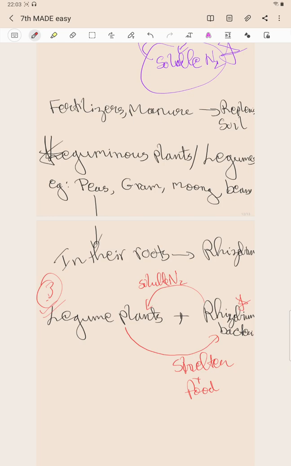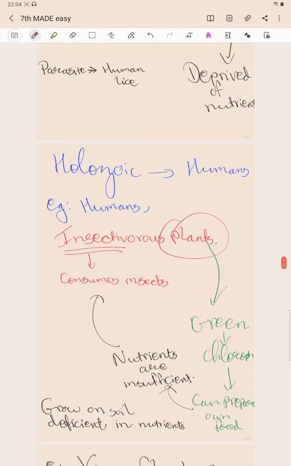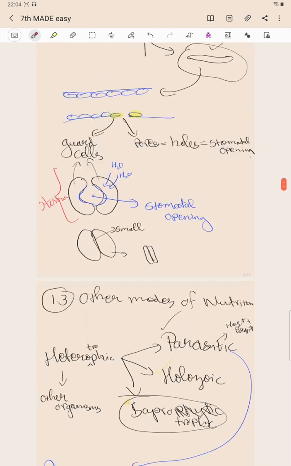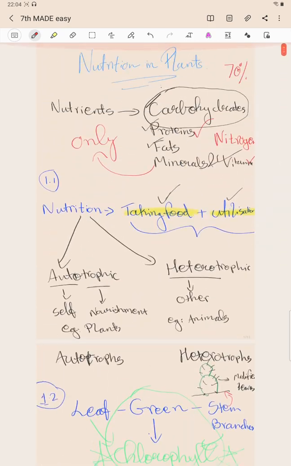Then nutrients, we know what they are: carbohydrates, fats, proteins, minerals, and vitamins. Nutrition is a process where an organism takes in food and utilizes it in its body. Two keywords: taking food and utilization.